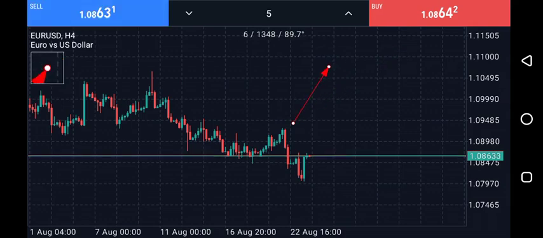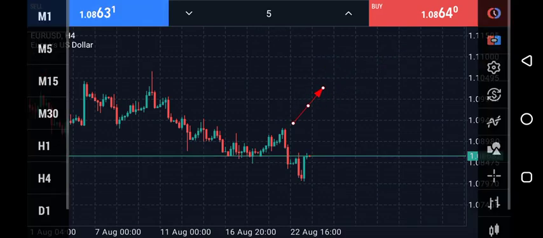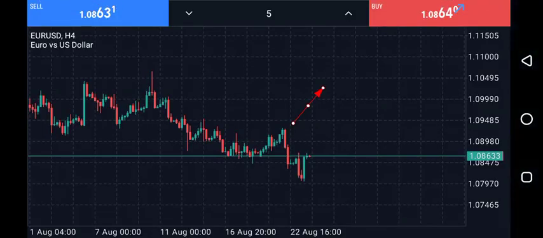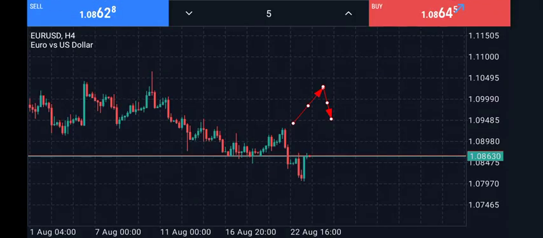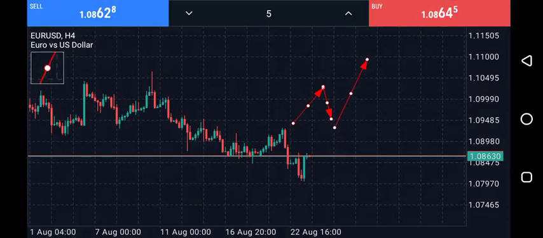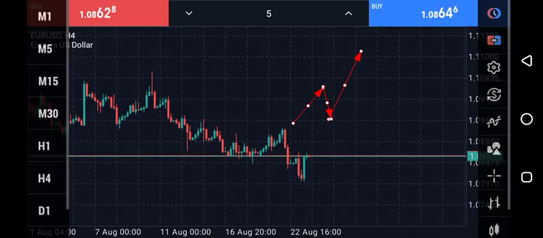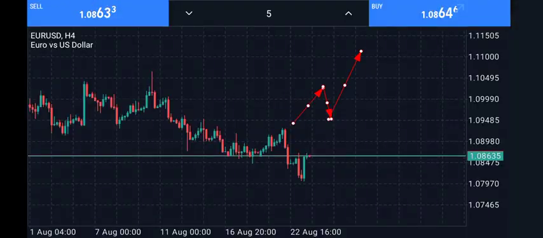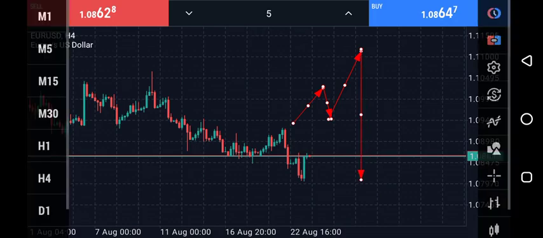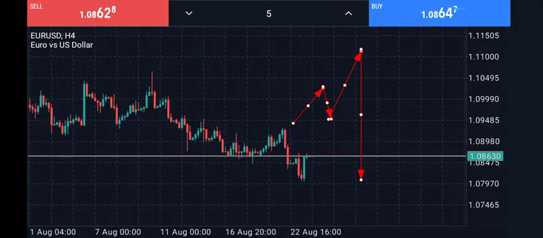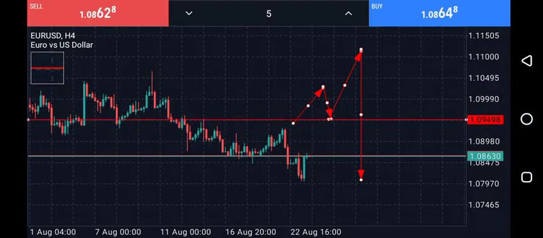The market looks something like this. You can see this is what it is, because you see that line.